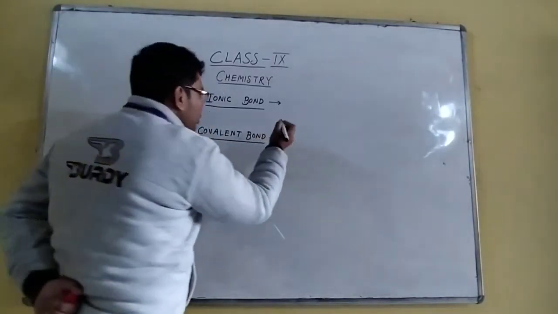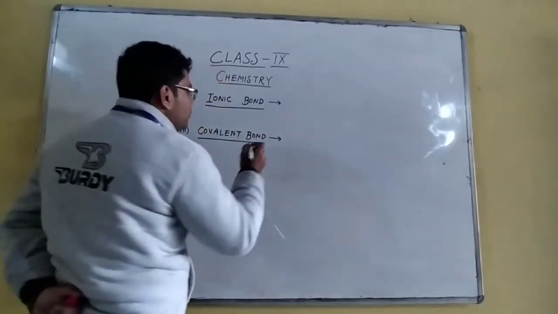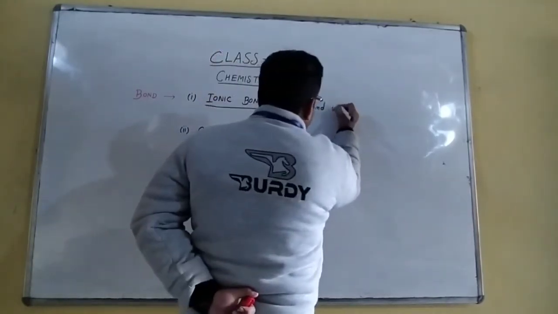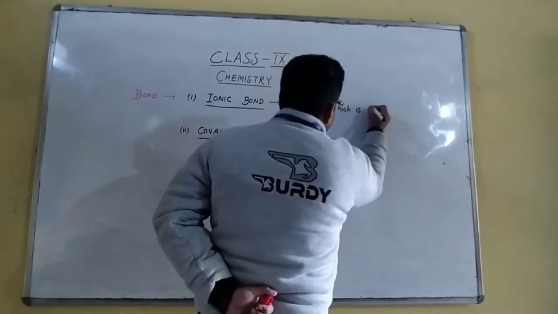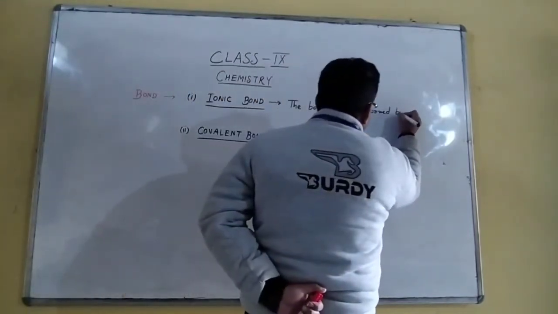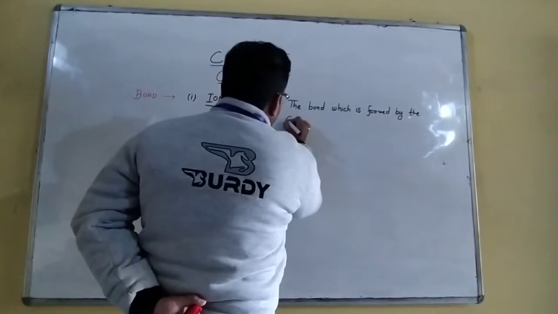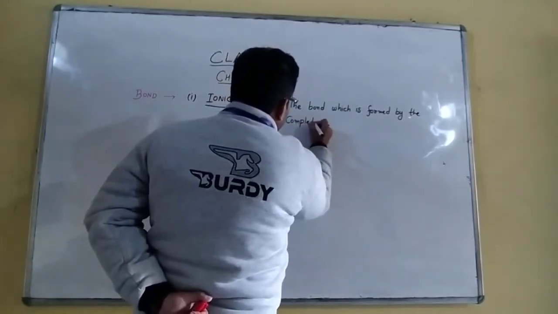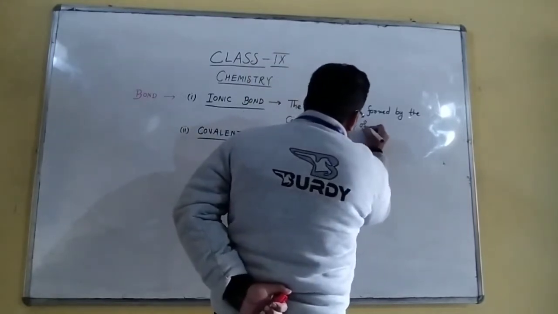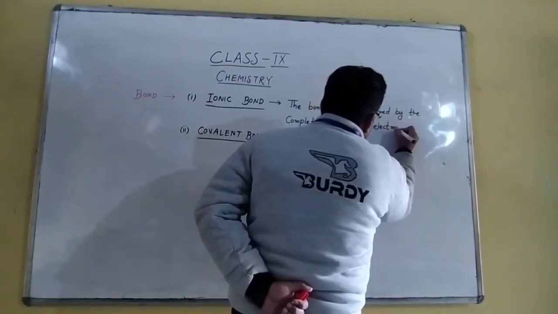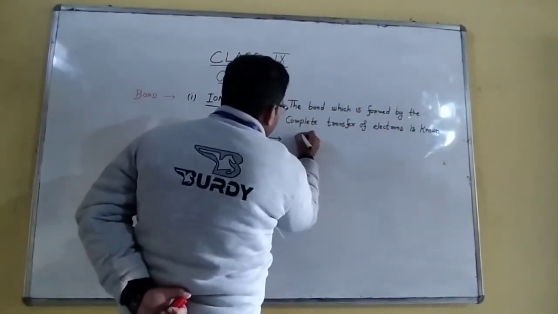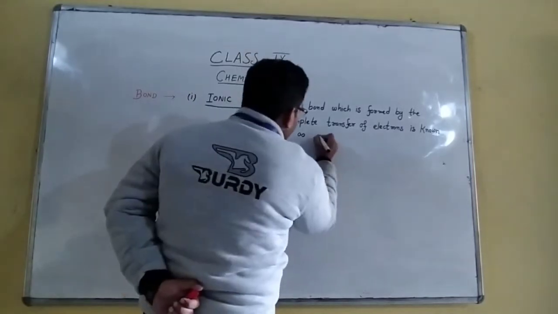Now I can write on the board the exact definition of ionic bond. The bond which is formed by the complete transfer of electrons is known as ionic bond.